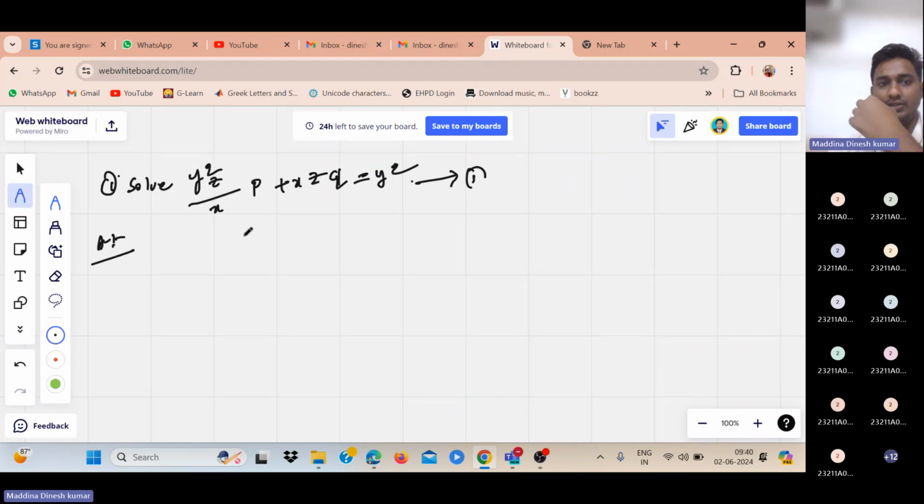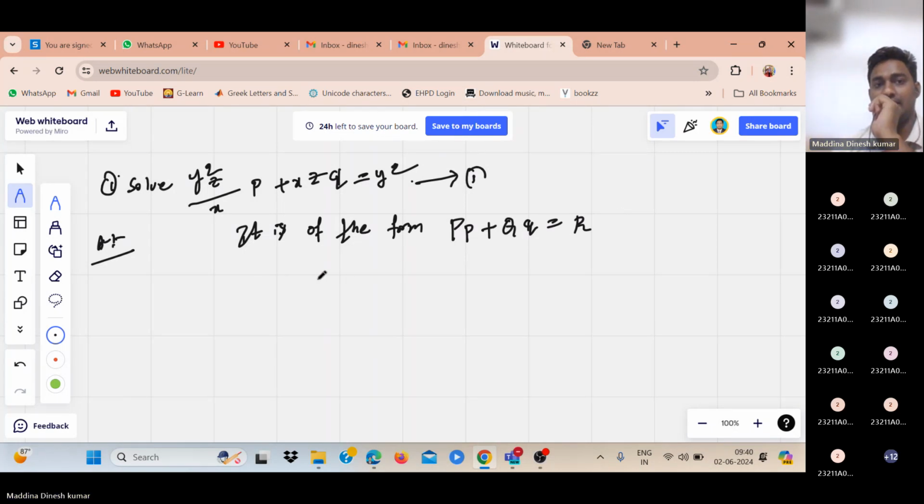It is of the form capital P into small p plus capital Q into small q equal to R. Here capital P is y square z by x, capital Q is xz, capital R is y square.